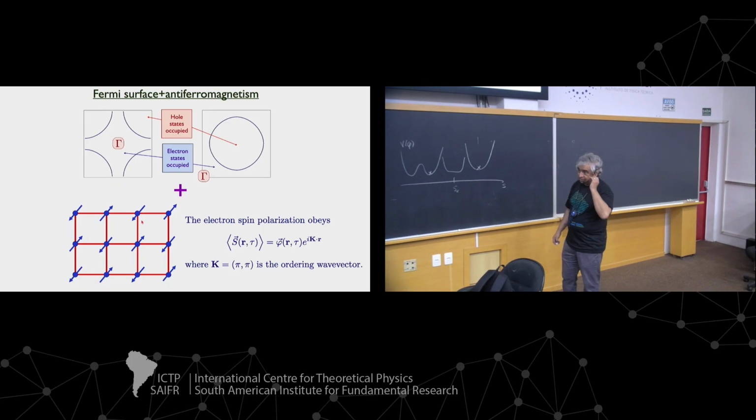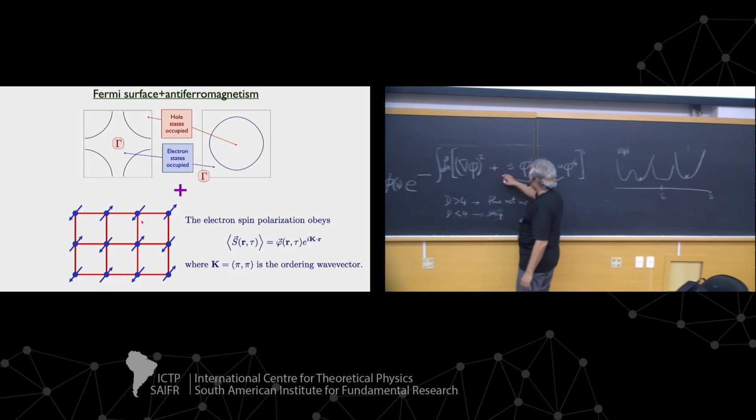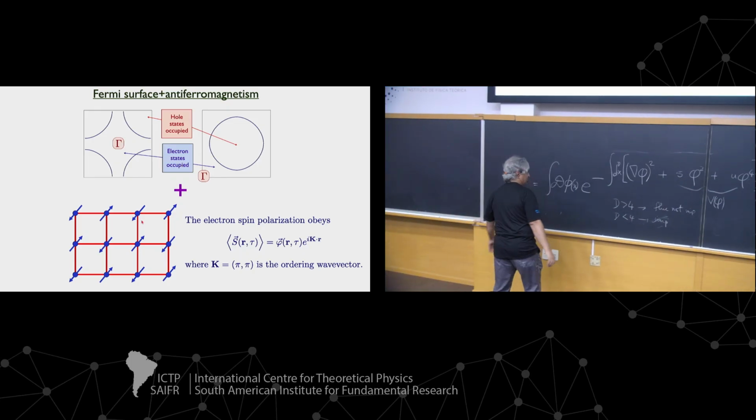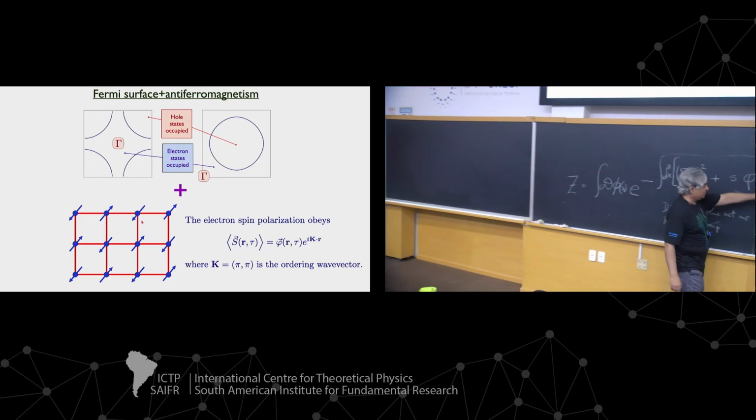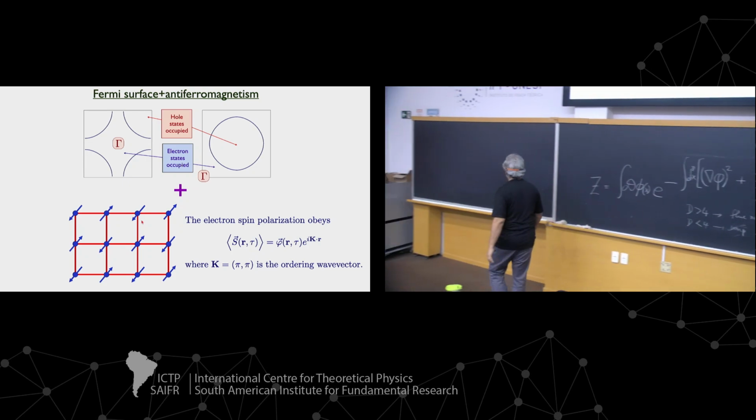All right, so how does this all work? If I imagine doing perturbation theory, I'll have a propagator for phi. Just take the quadratic part and do perturbation theory in U, then the propagator for phi will look something like this.